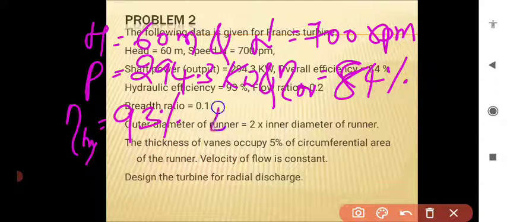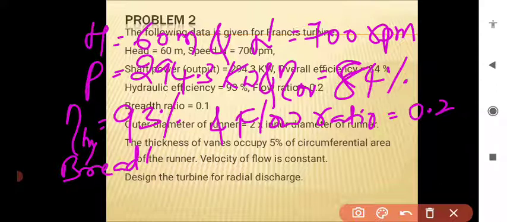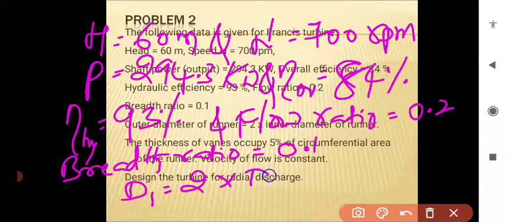Flow ratio is equal to 0.2. Breadth ratio is equal to 0.1. Outer diameter of runner D1 is equal to 2 into inner diameter of the runner.